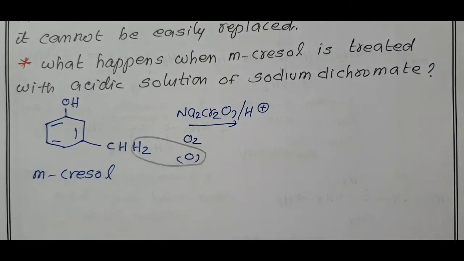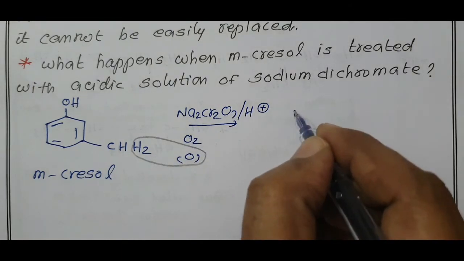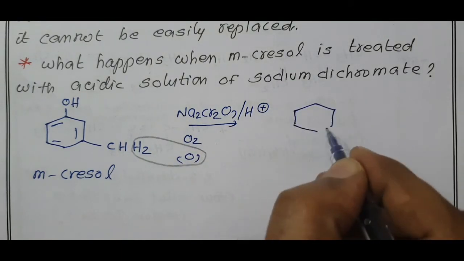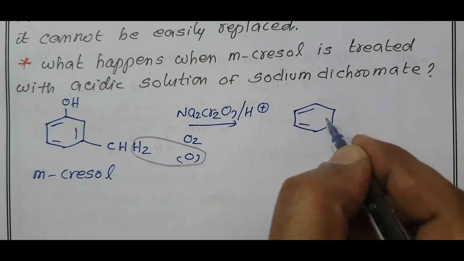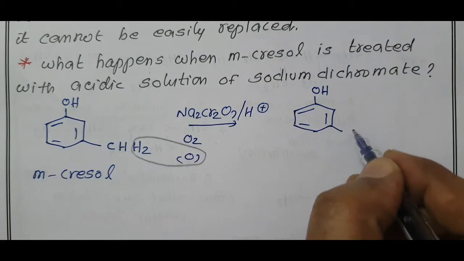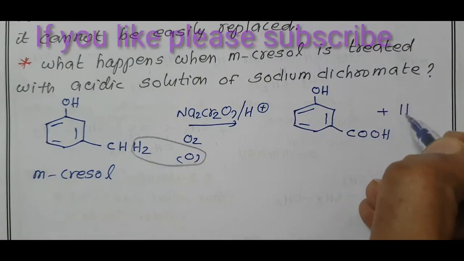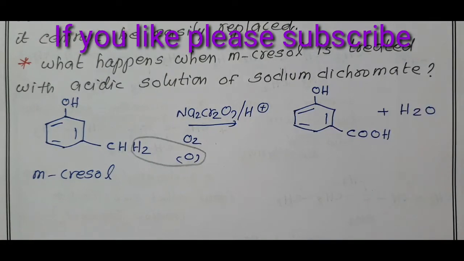COOH, that methyl group is oxidized into carboxylic acid functional group. Here you have OH, in the meta we have COOH, carboxylic acid functional group, with the loss of H2O.